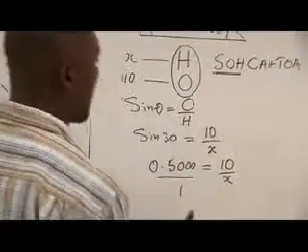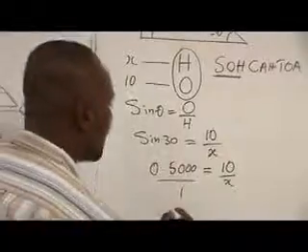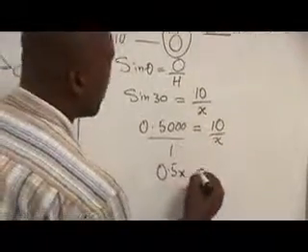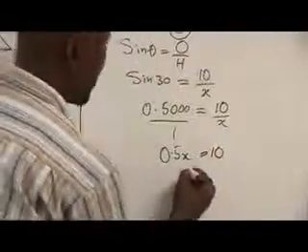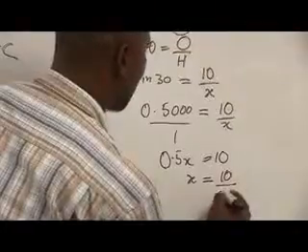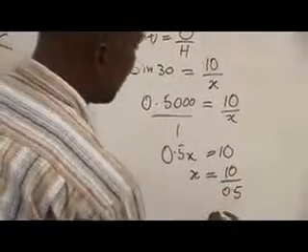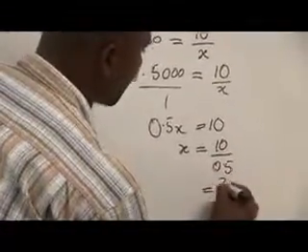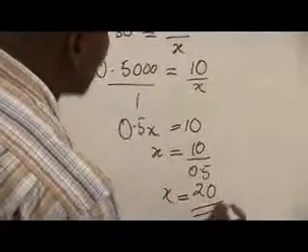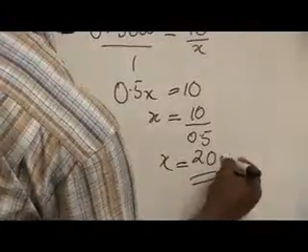Then I cross multiply. x times this gives me 0.5x. And 10 times 1 gives me 10. So my x is what? My x will be 10 divided by 0.5. And we have this as 20. So that means our x is 20 centimeters.